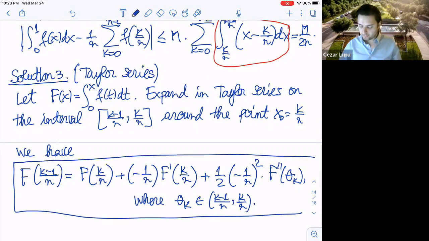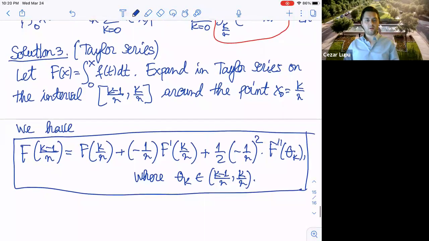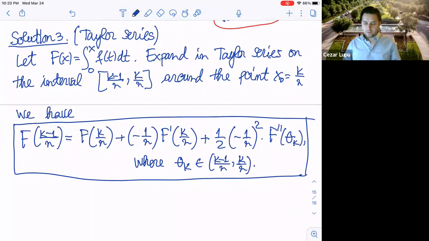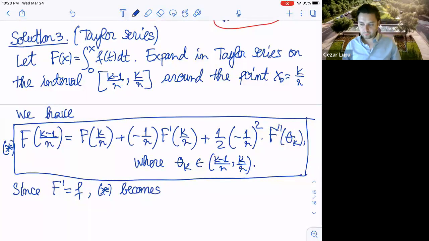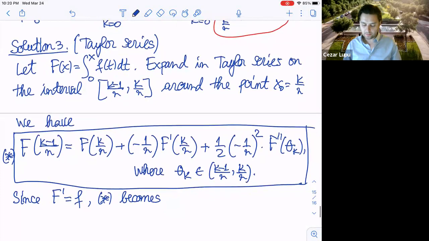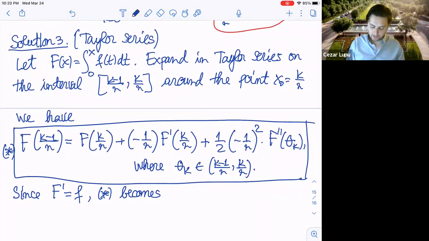And now let's rewrite this. Since we know that the derivative of the antiderivative is f, let's call this star, it becomes the following.